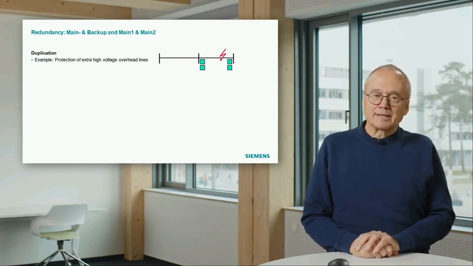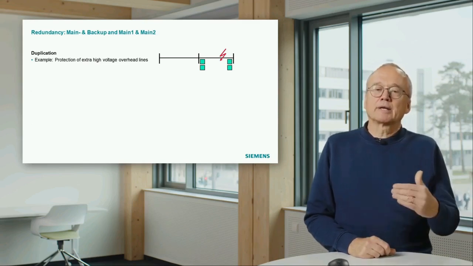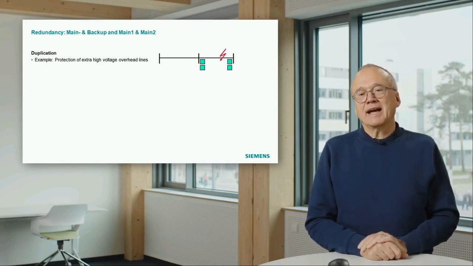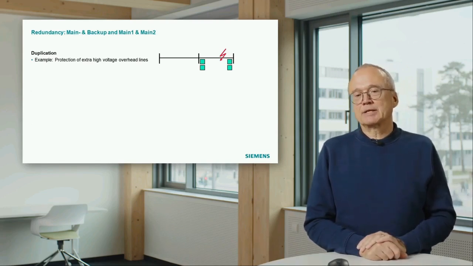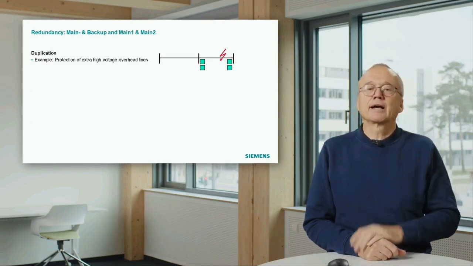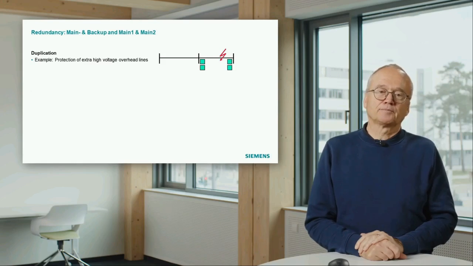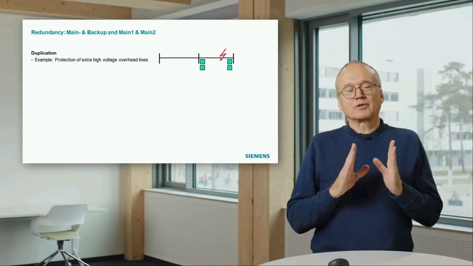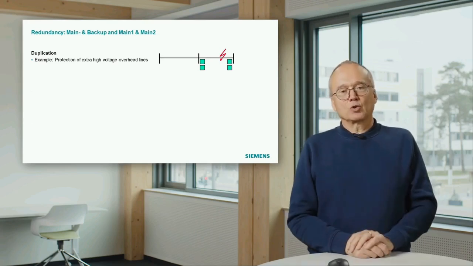But nowadays, we have more and more applications where we have communication available, and that gives us the possibility to install, for instance, a distance relay and a line differential relay in parallel. So that is the concept that's called the main 1, main 2 concept.